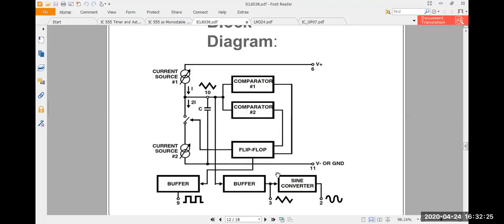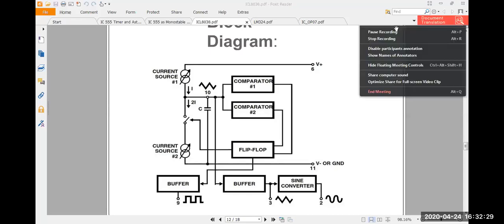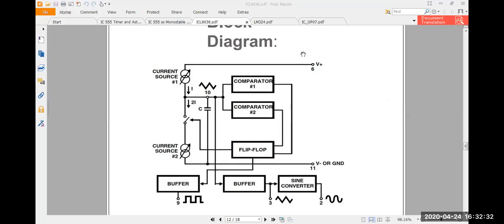The first current source is always on, while the second current source will be turned on and off with the help of this flip-flop. Whenever the flip-flop is set, the switch will be on and the current source will be in the circuit. And whenever the flip-flop output is zero, the switch will be off and the current source won't be part of the circuit.